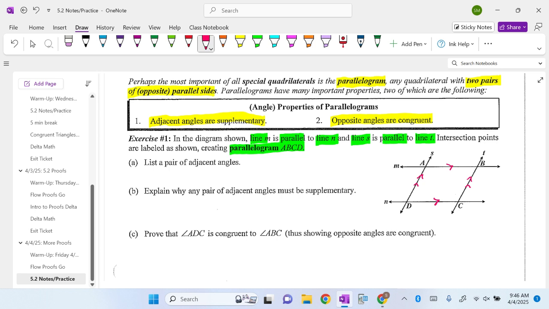A and B. So angle A and angle B. What's another? B and C. B and C. All right.